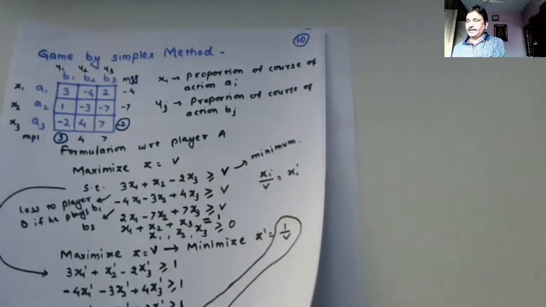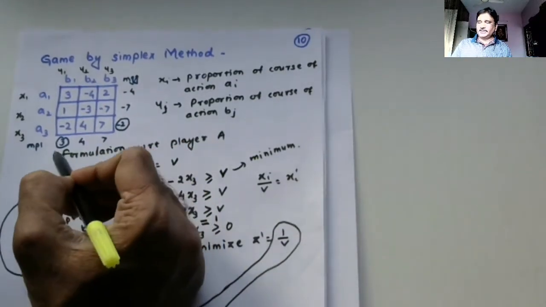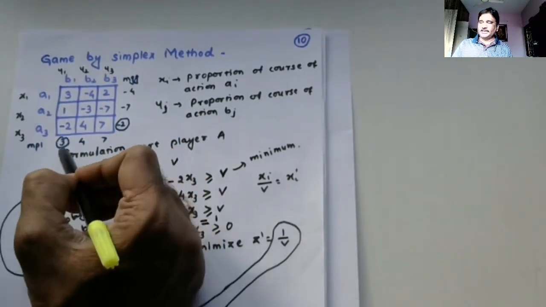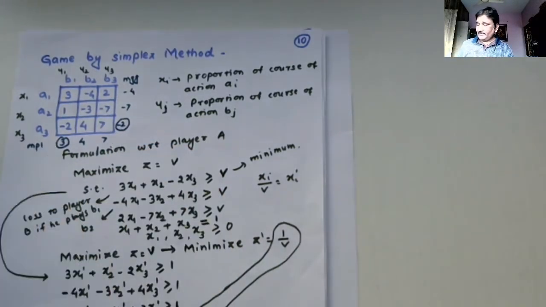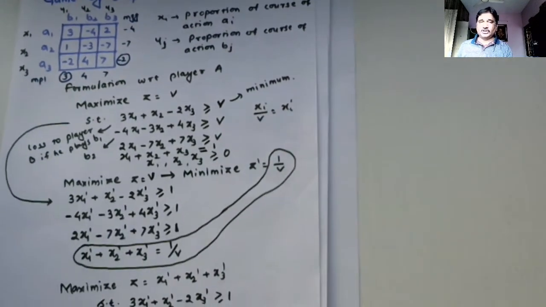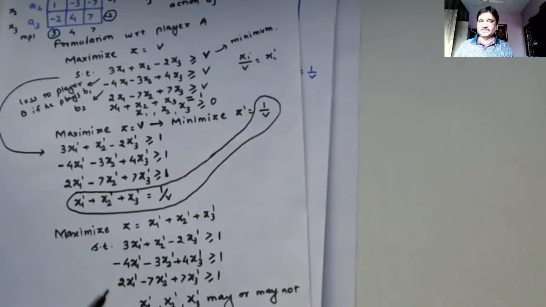So for the purpose of getting the linear programming problem, LPP formulation, which can be easily handled by simplex method, we will be adding certain constant to the given game, because here we know that there is a risk of getting game value negative. Okay, and once the game value is negative, we will not be in a position to solve this formulation by simplex method.